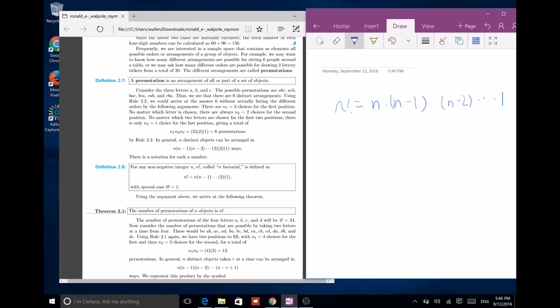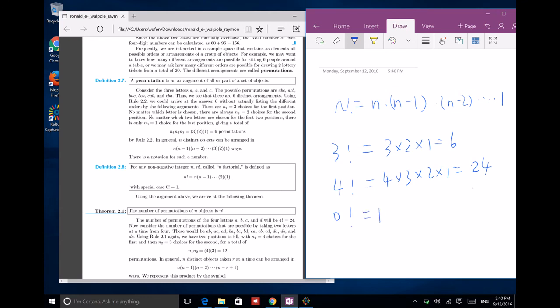Every time you reduce one number, until 1. For example, 3 factorial is 3 times 2 times 1 equals 6. And 4 factorial equals 4 times 3 times 2 times 1, which equals 24. So that's how you calculate factorial. And 0 factorial is a special case, equal to 1.